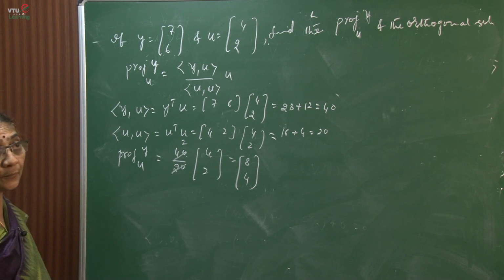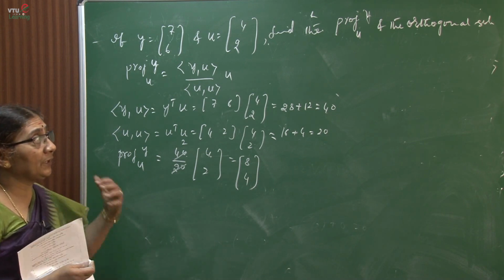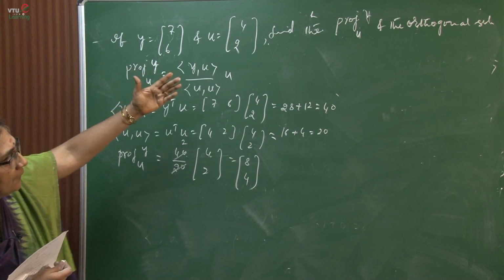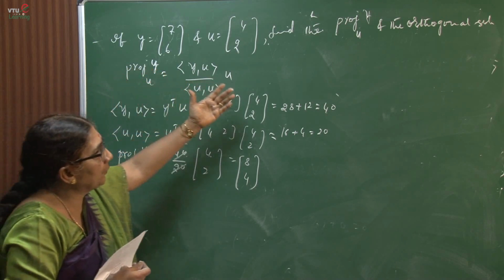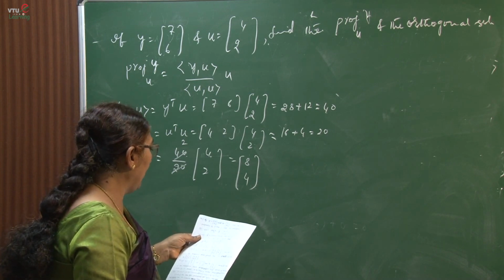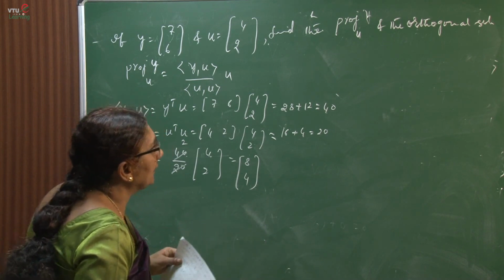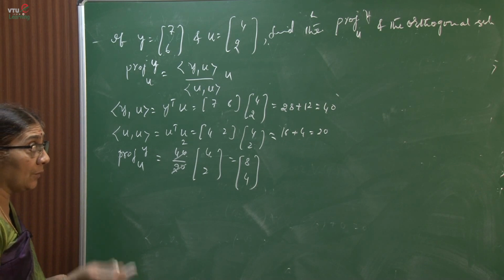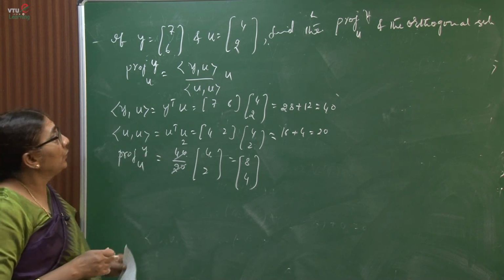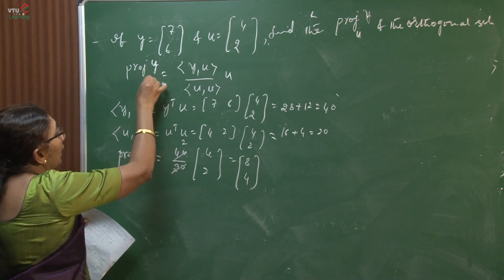Next, you find the corresponding component. I have to find the component that is orthogonal, the orthogonal set. Find the projection of y with respect to u and also find the orthogonal set. That means I have to find the component of y orthogonal to u.